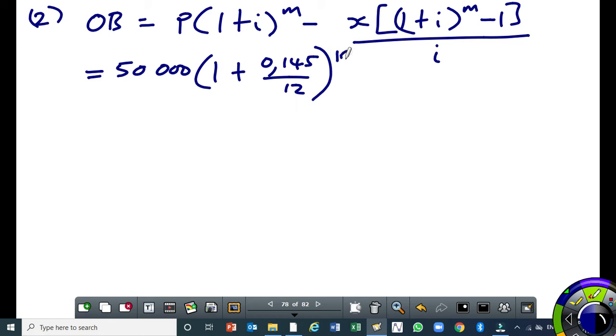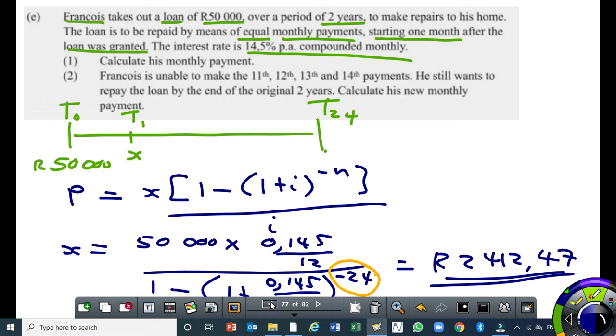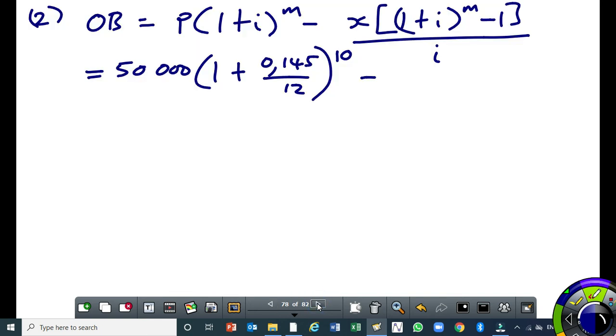So put 10 here, minus X. I got it from reading the question. Now, X is this value here, so 2,412 and 47 cents.